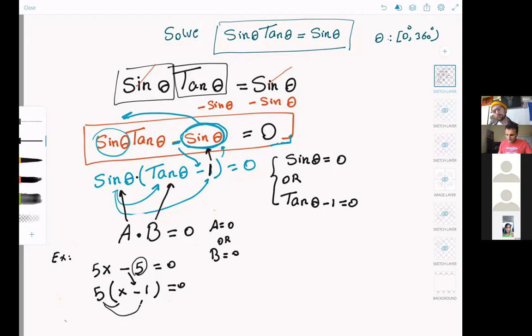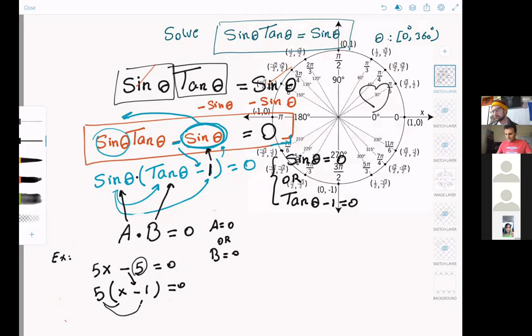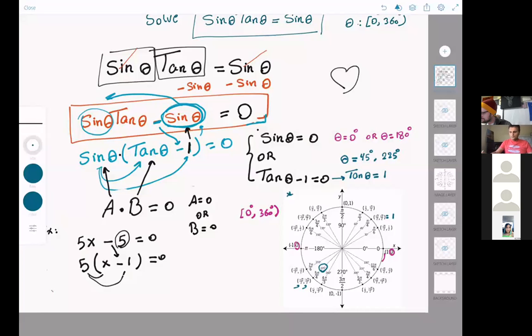Sine of theta, so now at this level it is unit circle time. We go to the unit circle. So we got 4 solutions for this equation.